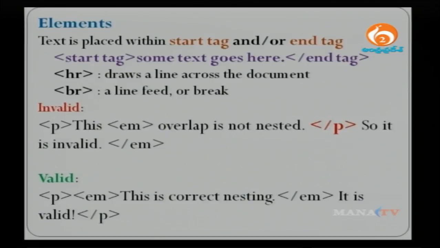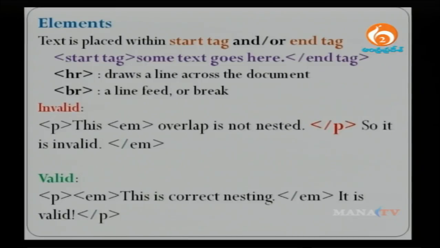Here you can see some invalid as well as valid things. Suppose you are using a good editor, then there is no need to worry about the invalid things. The editor can help you overcome the exceptions. So these are the different invalid and valid things.